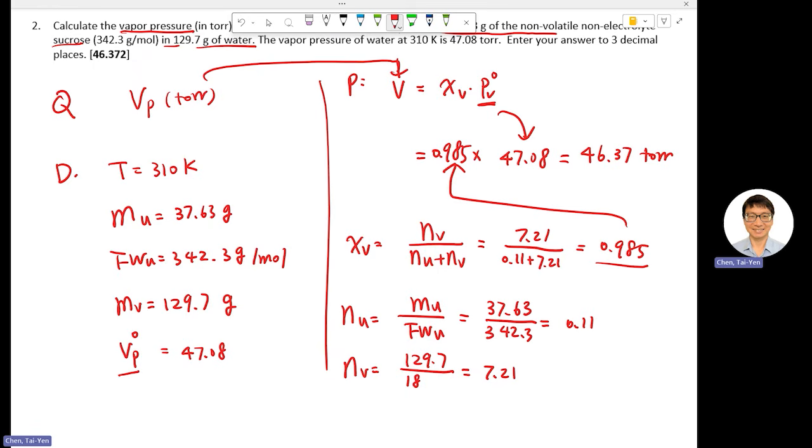Then you realize the only thing that wasn't given is the mole fraction. If you know the definition of mole fraction, which is the moles of your solvent divided by the total moles of your solution, then you'll be able to figure out the mole fraction of the solvent, plug it into the equation, and get the answer.